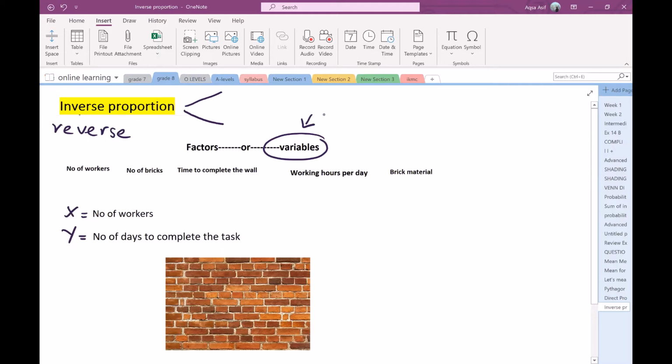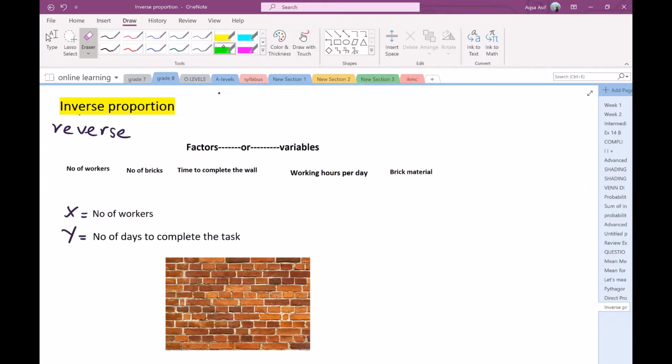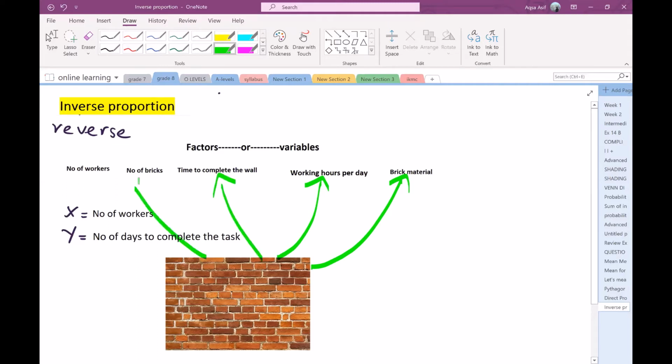Let's consider an example where the task is to complete the wall. All right, to construct a wall. Now, what are the factors that are involved in completing this wall? It could be the brick material, working hours per day, time to complete the wall, number of bricks required to complete the wall, and number of workers.